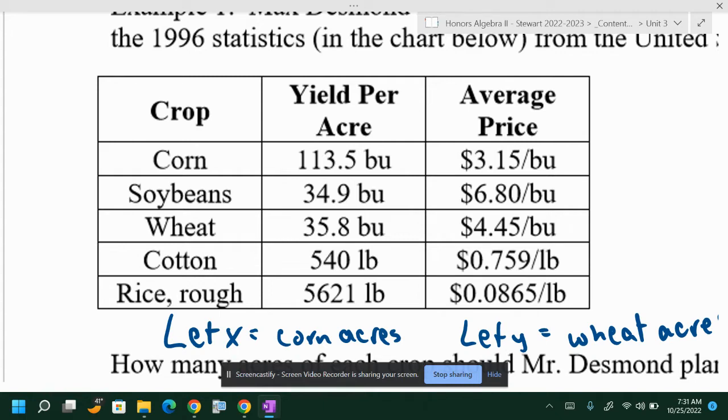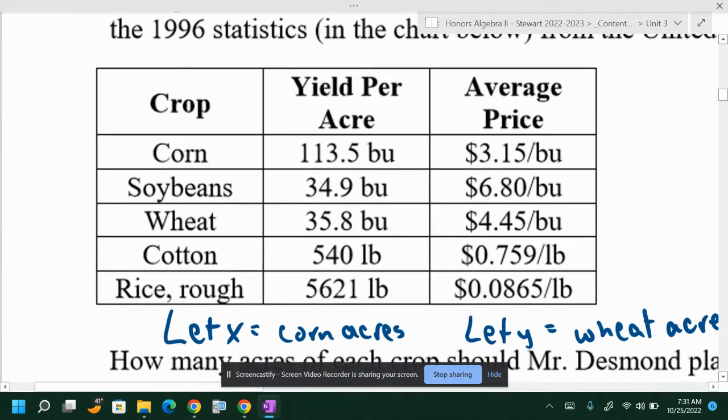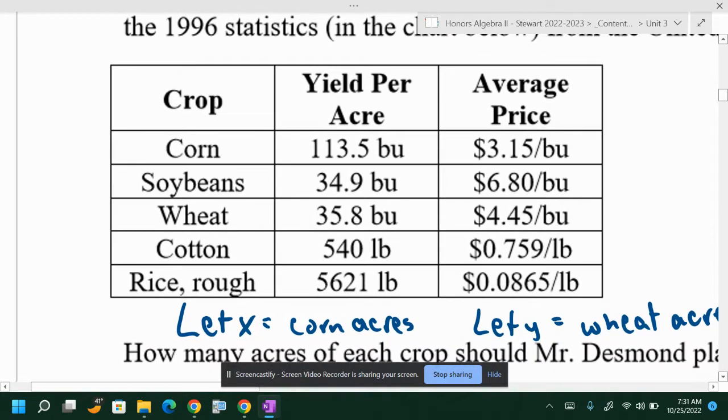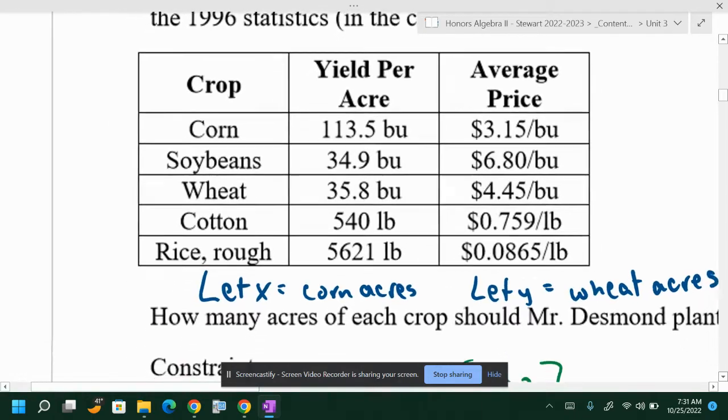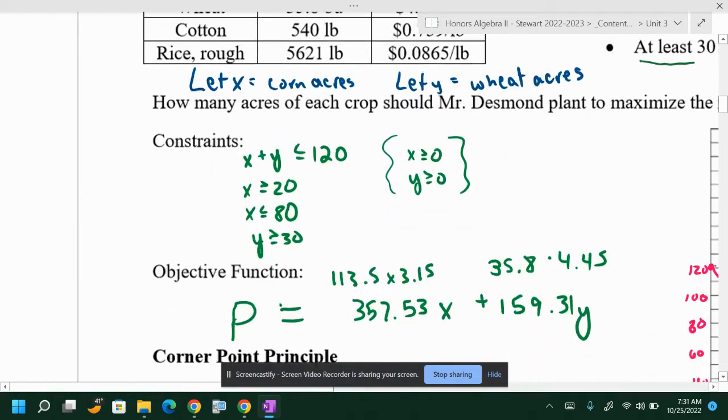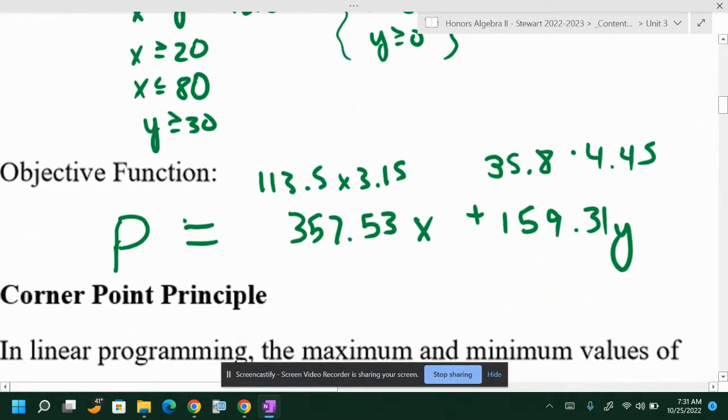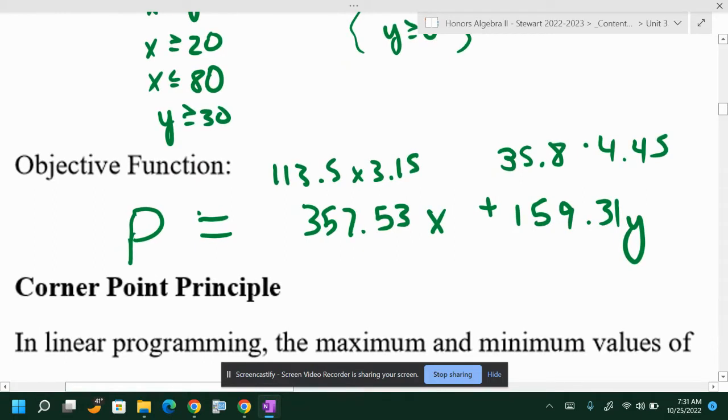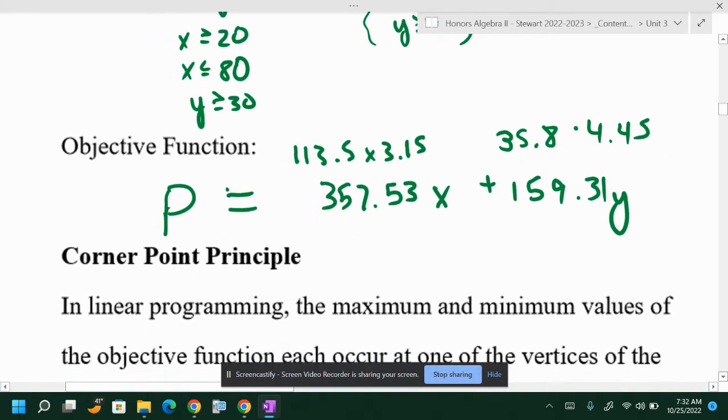Wheat is 35.8 bushels per acre and $4.45 per bushel for average price. We're going to use those in order to create our objective function. So here I've taken those two things for wheat and corn and multiplied them together in order to get my number for x and my number for y. We're going to use these as our objective function.